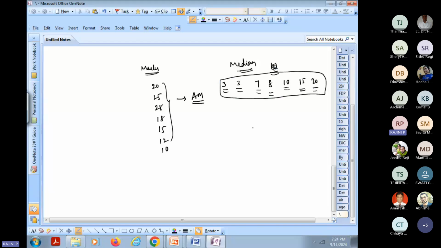If I give the average value, it will be different, which may not give the proper result. Why is it not giving? Because we have extreme values. In that case we go for the median. So we say that the average package in the campus for the students is 8 lakhs per annum, right?